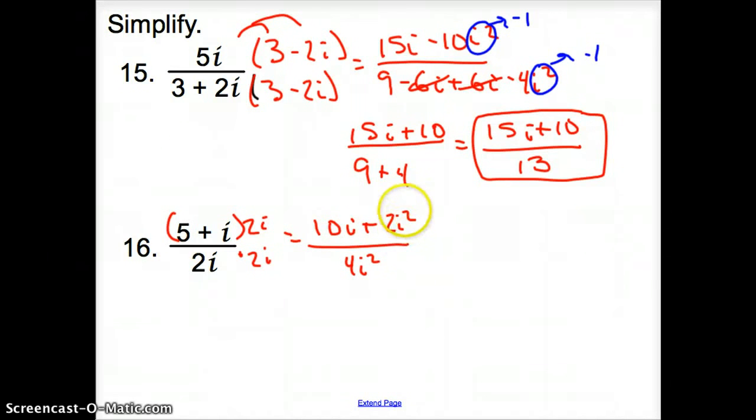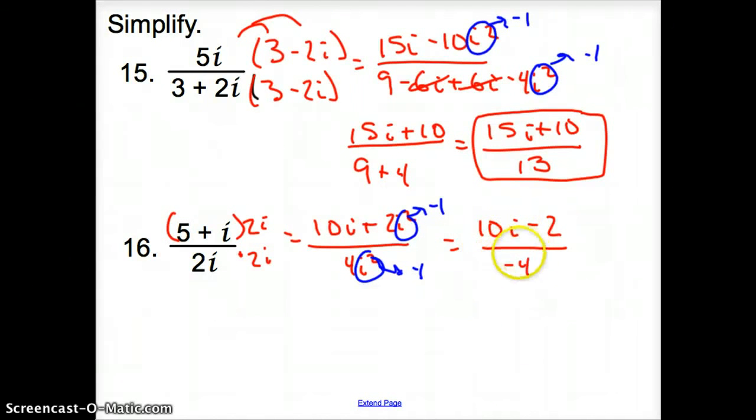What do your i squareds turn into? Your i squareds turn into negative 1 and negative 1. So now, on top, we have 10i minus 2 and a negative 4.